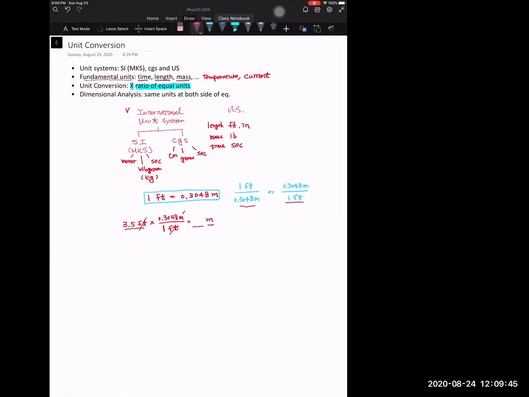Okay, so let's talk about dimensional analysis. Dimensional analysis means if you have an equation, and we have a lot of different kinds of equations. For example, one of the equations is this, which you will see in your textbook as well.